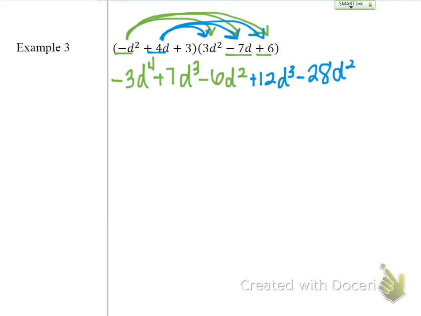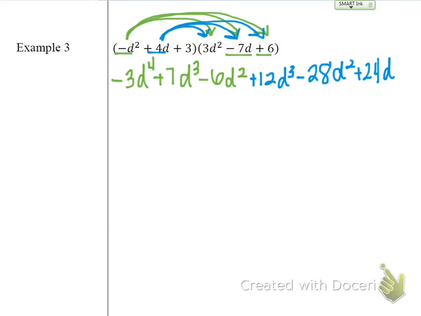And then 4d times 6, which gives me plus 24d. Okay, you guys okay?